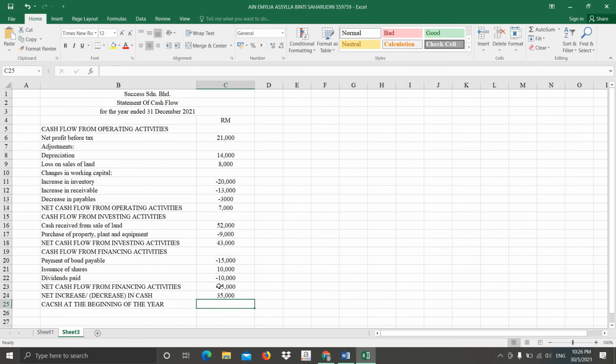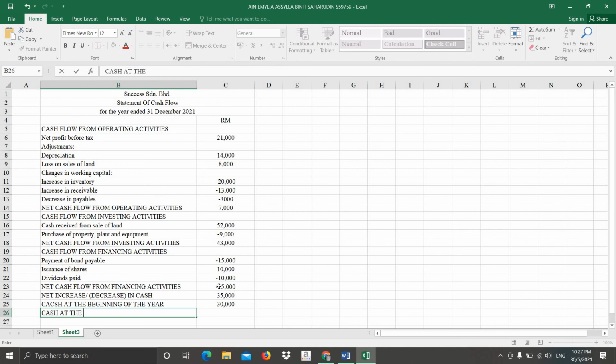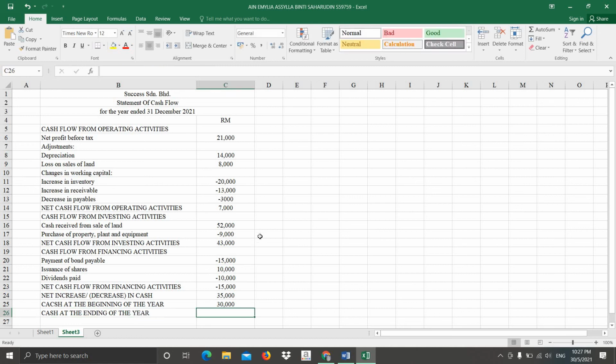We can get it from the worksheet that we completed just now, which is 30,000. Then we get the cash at the ending of the year by adding 35,000 and 30,000 together.